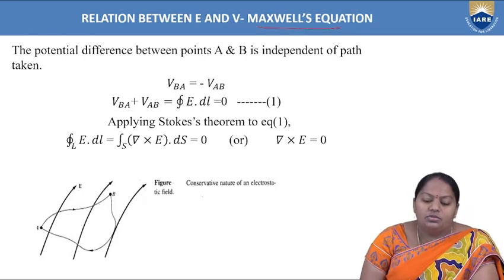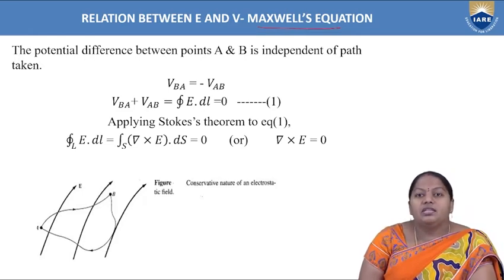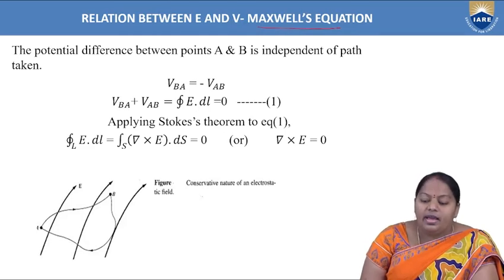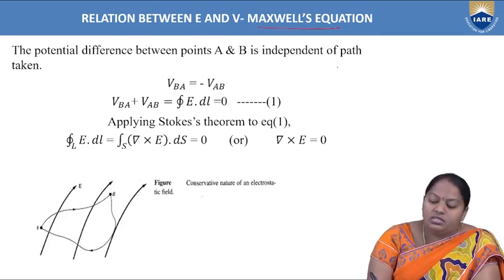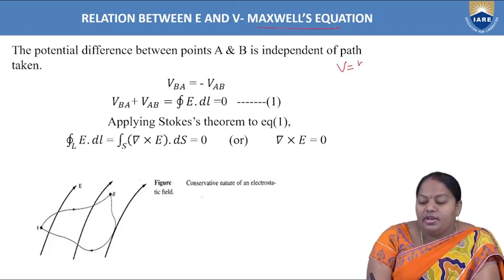Before deriving the relationship between electric field intensity E and the electric potential V, we know that we have discussed electric potential V can be defined as work done per unit charge, and it is given as integral L E dot dl.